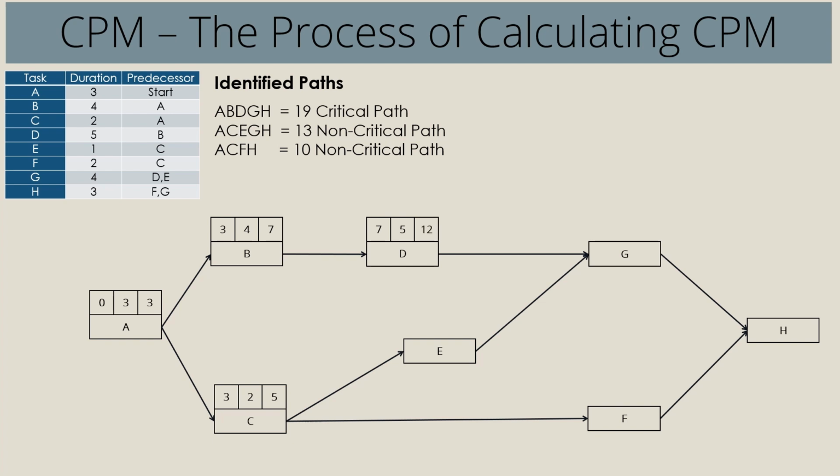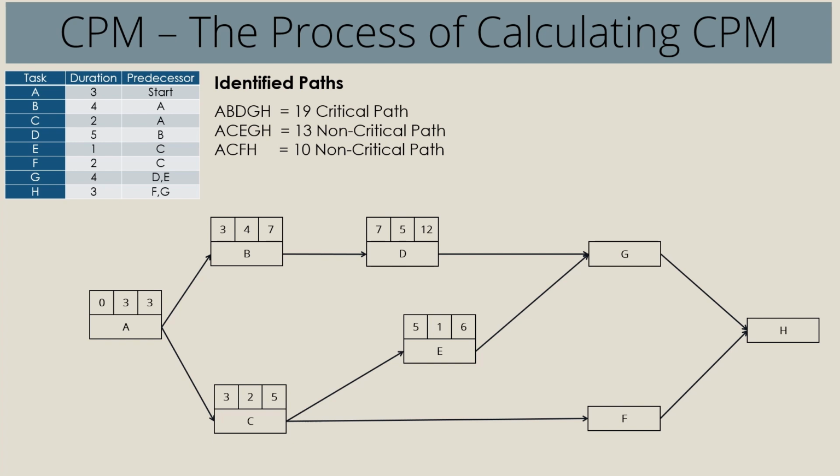Now we can't fill in activity G yet because there are 2 different arrows coming in from activities D and E, and we'll have to pick the larger value. For E, we have 5 as ES here, so we are going to bring the 5 up. 5 plus 1 is 6. Obviously, the 12 here will win for activity G's early start, because activity G depends on activities E and D. It can't start until D and E are both done.